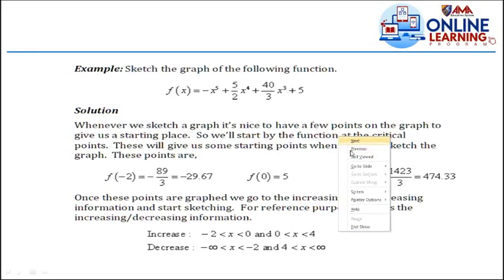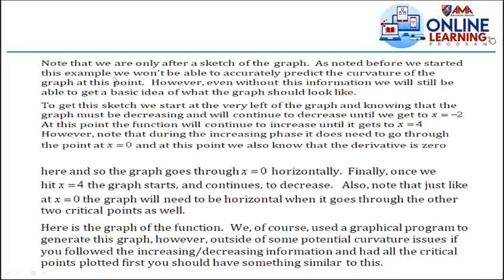Okay? So, note that we are only after a sketch of a graph. As noted before we started this example, we won't be able to accurately predict the curvature of the graph at this point. So, di accurate, no? Okay.